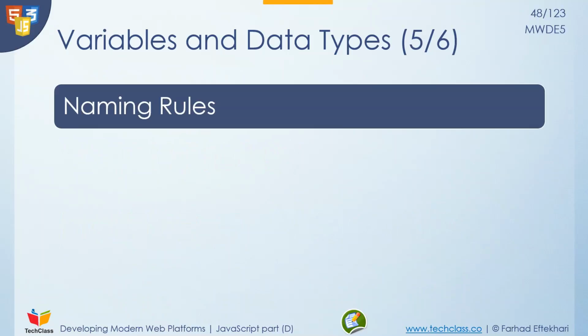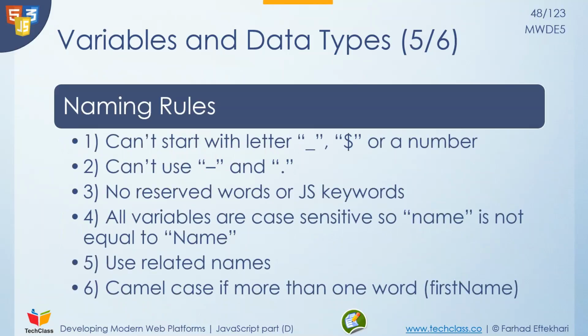And here are also some naming rules, which is very beneficial for you to understand and get familiar with when it comes to assigning names to variables in JavaScript. First of all, a variable must start with a letter, underscore, or $ sign, not a number, and you cannot use dash and dot. No reserved words or JavaScript keywords you can use for assigning a variable name. And our variables are case sensitive, so name is not equal to capital N name.